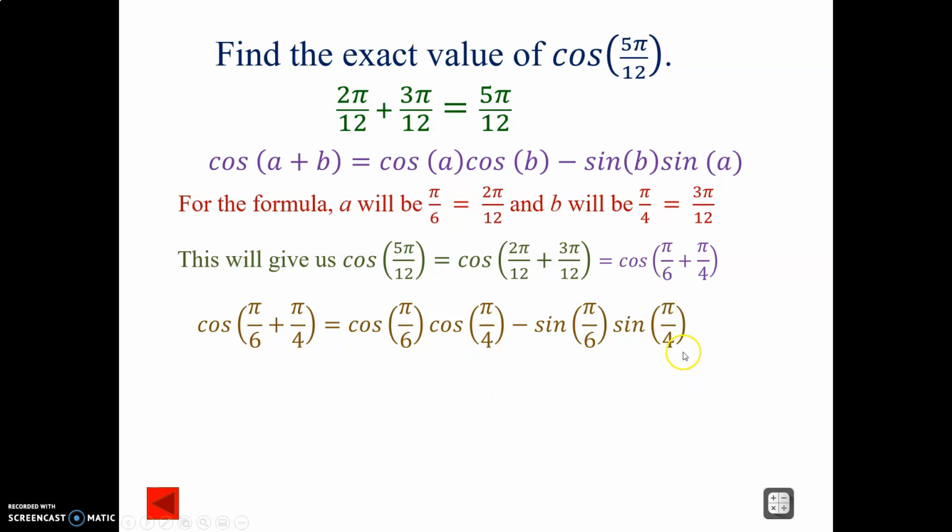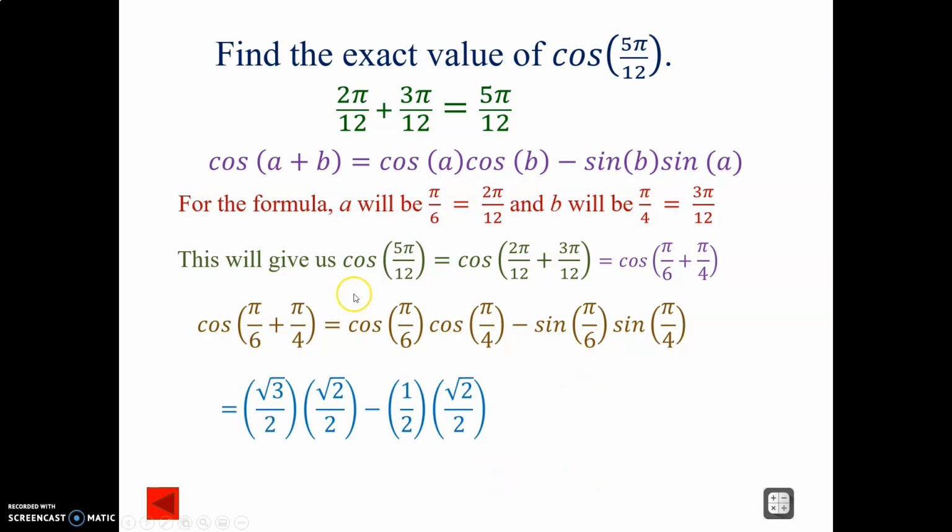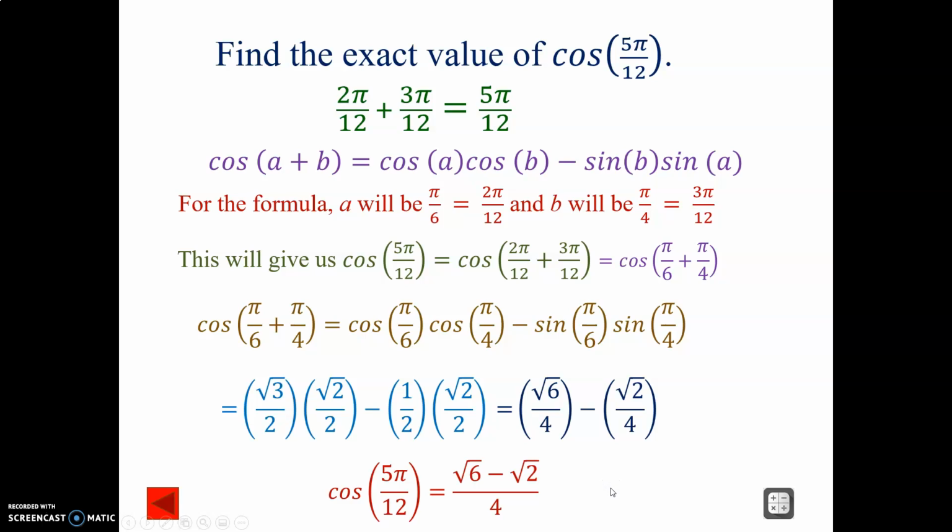Pi over 4, we're going to know those are the radical 2's over 2. And pi over 6 we just did in the previous problem, which was the 1/2 and the radical 3 over 2. So when we substitute, there's the cosine, radical 3 over 2. That's my radical 2 over 2 minus, there's the 1/2, radical 2 over 2. Simplify, radical 6 over 4 and radical 2 over 4. There's our answer, radical 6 minus radical 2, all over 4.